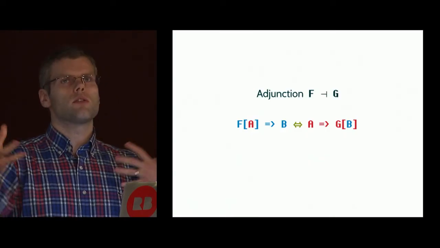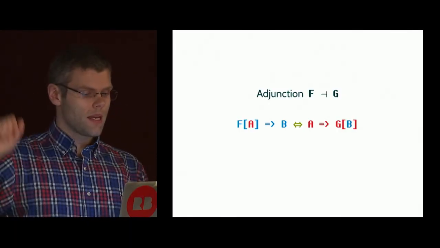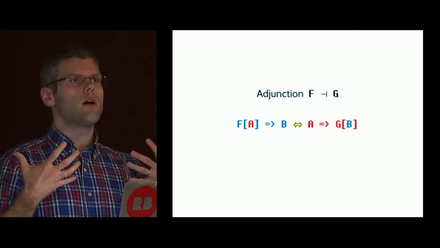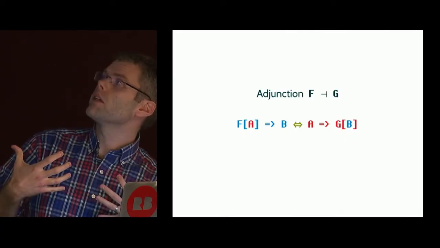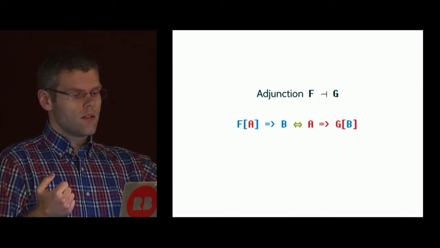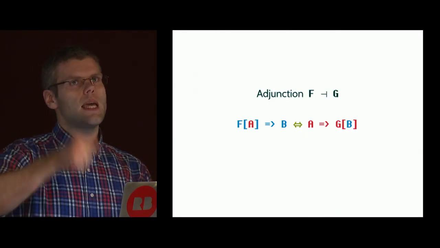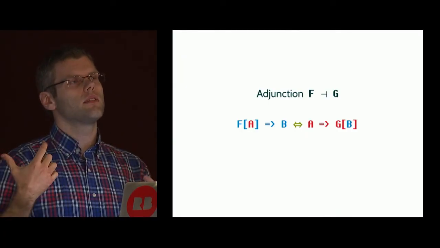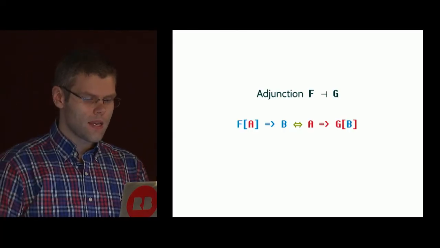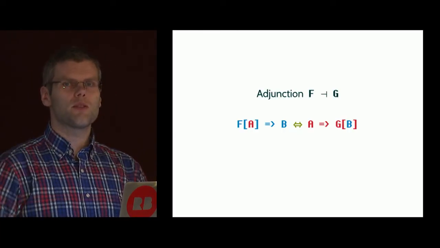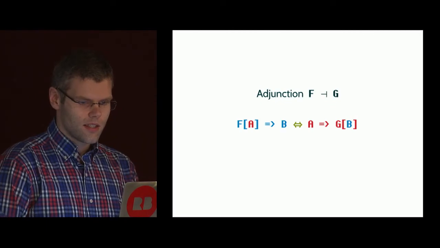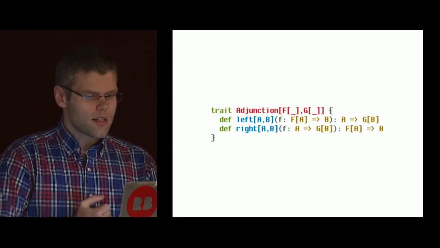So F and G are then just ordinary Scala functors, and then there's a one-to-one correspondence between these arrows, right? If you could go from F of A to B, then you can go from A to G of B, and vice versa, right? So, that's all very abstract, but let's see that in Scala code.